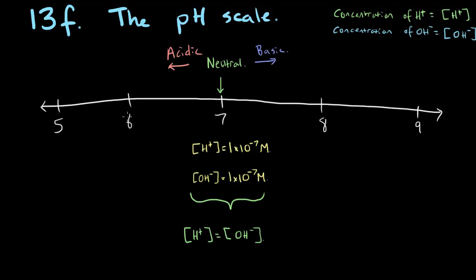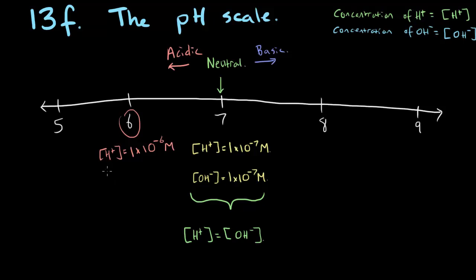Now let's have a look at what happens with our solution, which is pH 6. The concentration of H+ in our pH 6 solution is actually going to be more concentrated. It's going to be 1 times 10 to the power of -6 moles per litre. And you can probably recognize that there is a pattern between the times 10 to the power of -7 for pH 7, times 10 to the power of -6 for pH 6. So our hydrogen ions actually got 10 times more concentrated going from pH 7 to pH 6.